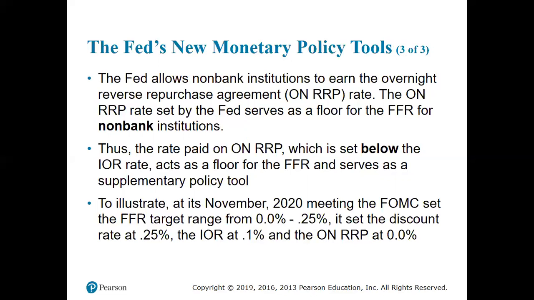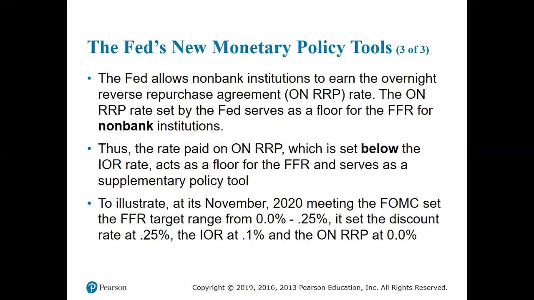And to illustrate this, as of the most recent meeting of the Federal Open Market Committee, they set the Fed funds target range somewhere between 0 and 0.25. So that was the range they said you want to try and keep it in, with 0 being the floor and 0.25 being the ceiling. And they set the discount rate at 0.25, which we said would, in essence, serve as the ceiling for the rate.